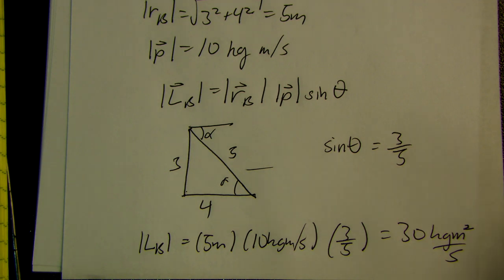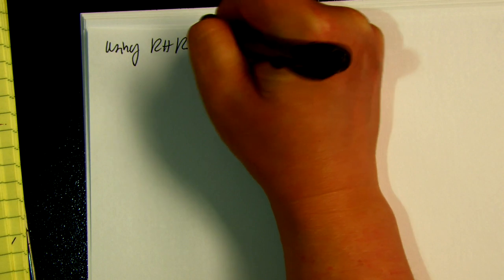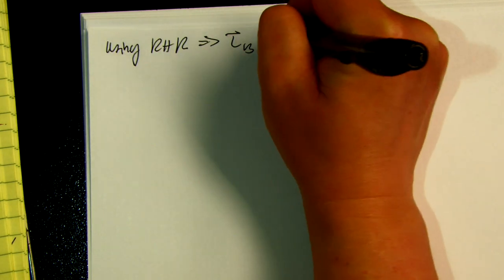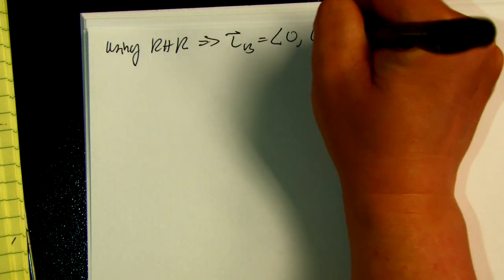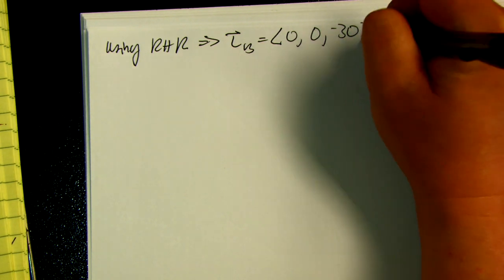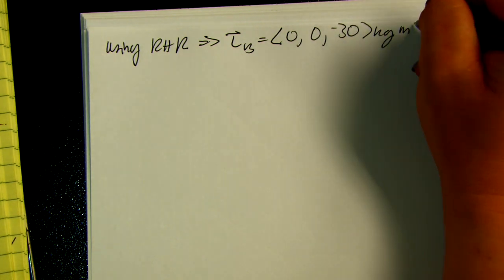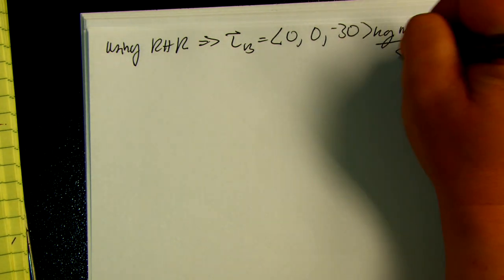Using the right-hand rule, we know it's in minus Z. Then we can put this all together and we get 0, 0, minus 30 kilogram meters squared per second.